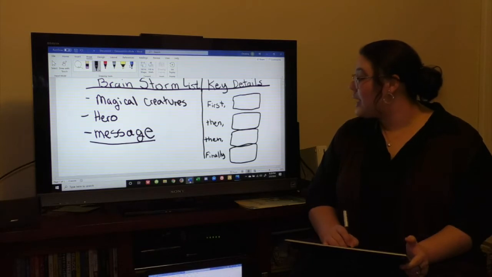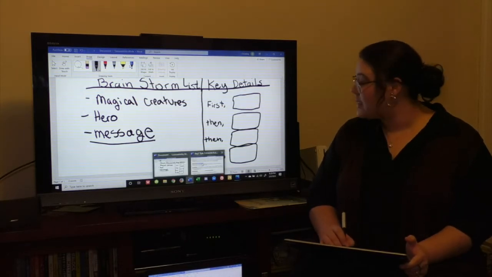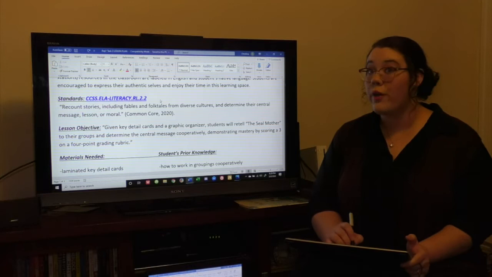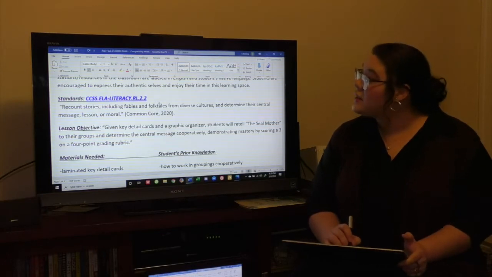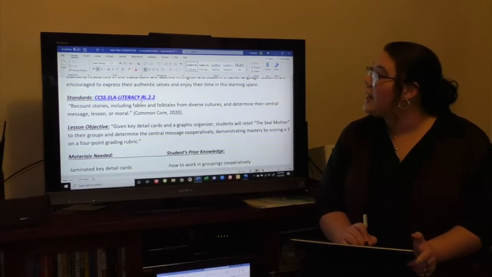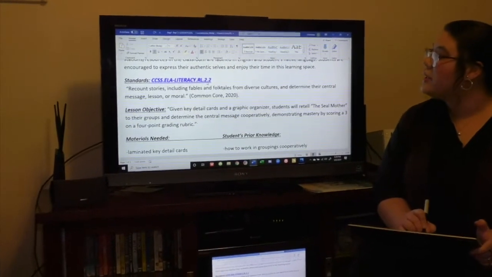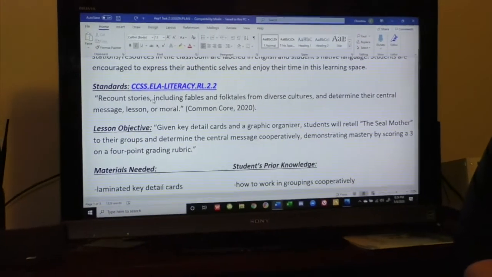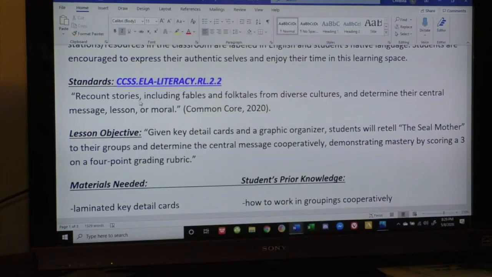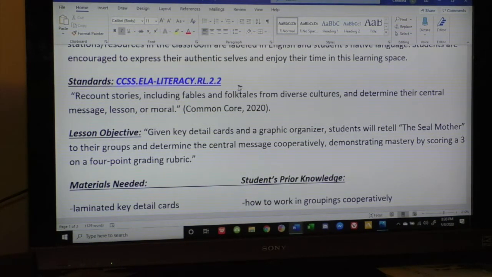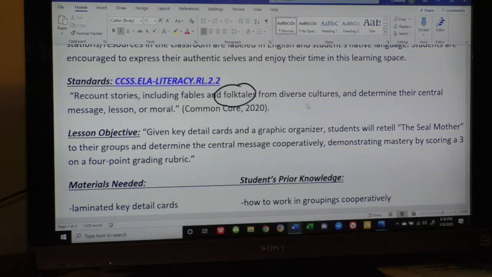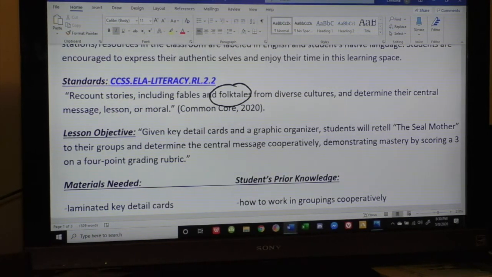So let's look at the standard that our lesson is around today, and let's look at the goal that we have. Our standard today is our ELA standard RL22, okay? We want you to be able to recount stories, including fables and, there's that word, folk tales from diverse cultures, and determine their what?